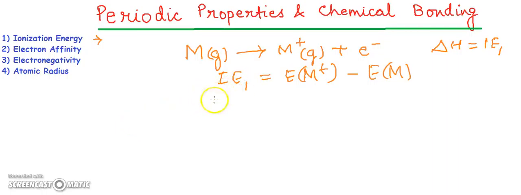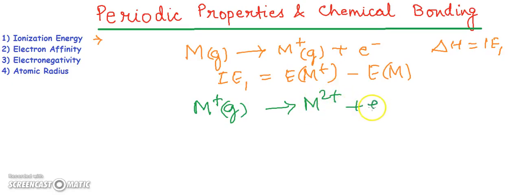Likewise, if we remove the second electron, then M+ gaseous forms M2+ plus an electron. You will have delta H as the ionization energy for the second level.